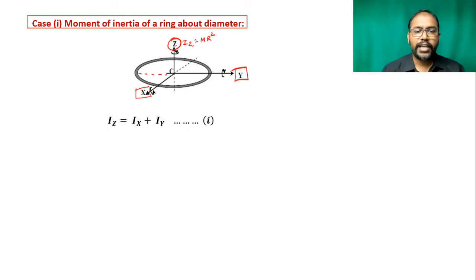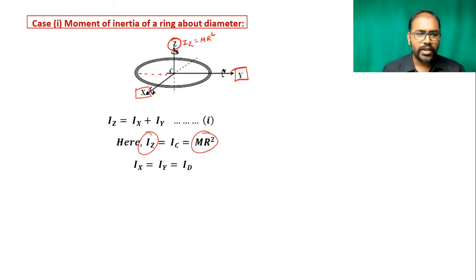Iz is equal to Ix plus Iy. Now here Ix and Iy are passing along the diameter, so both are the same. Iz is M R square, so I can call it IC also. And Ix and Iy are the same and equal to the moment of inertia about diameter, because both the diameters are the same.